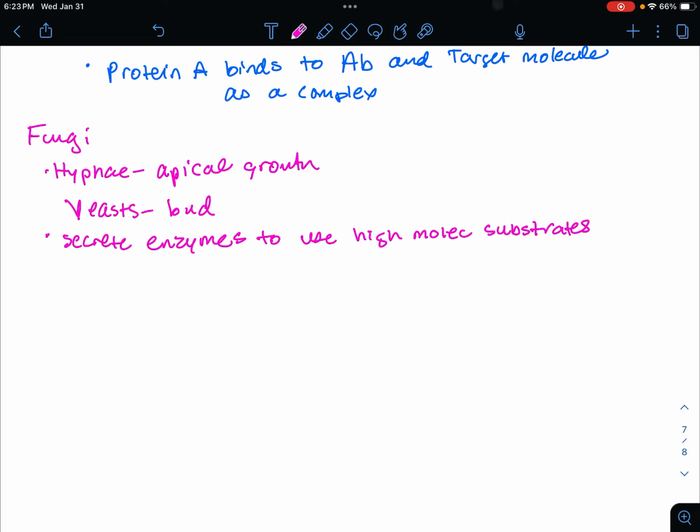We're going to have cell walls of chitin in fungi, which is kind of a review from every bio class ever.